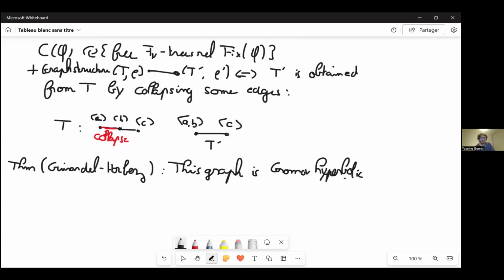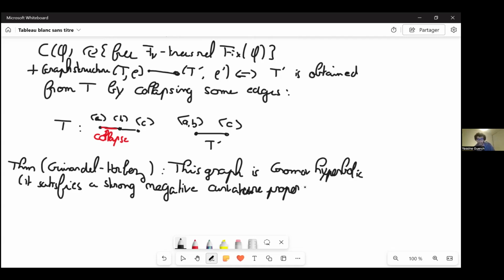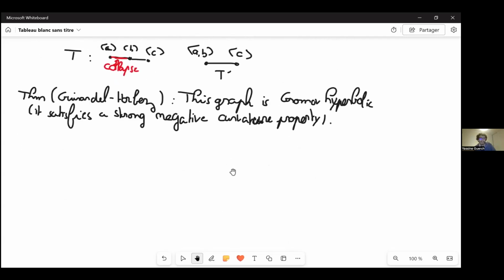meaning that it satisfies a strong negative curvature hypothesis, a strong negative curvature property. Why is it interesting?